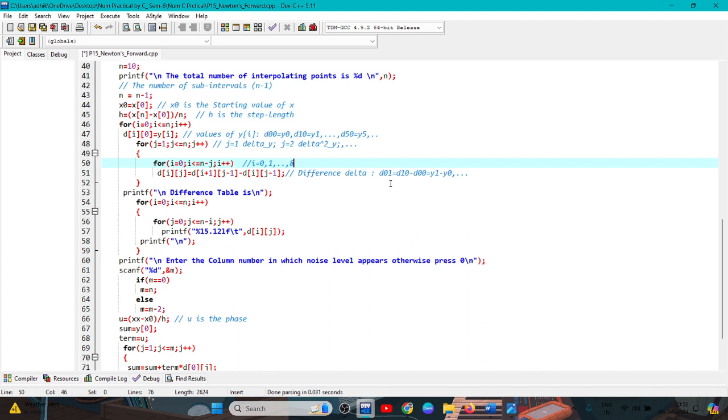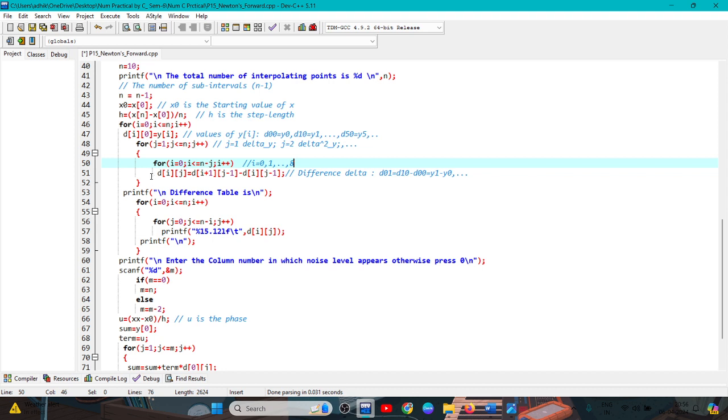So actually this gives the first order difference, delta y0. We write here d01, that is y1 minus y0, and then d11, that is y2 minus y1, and so on.